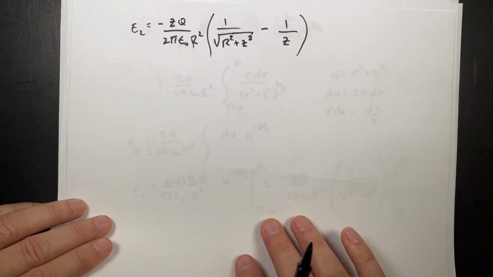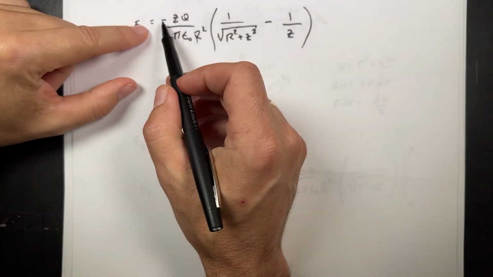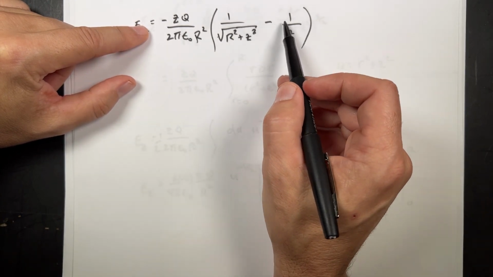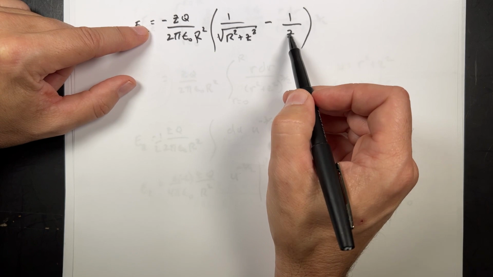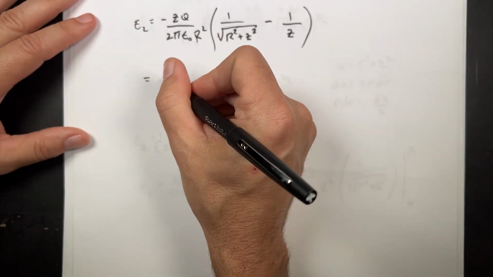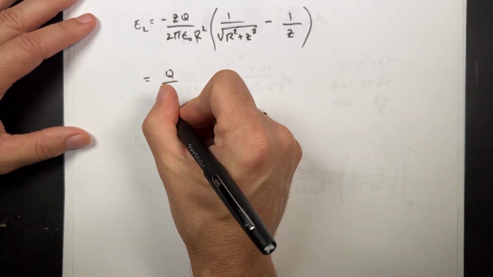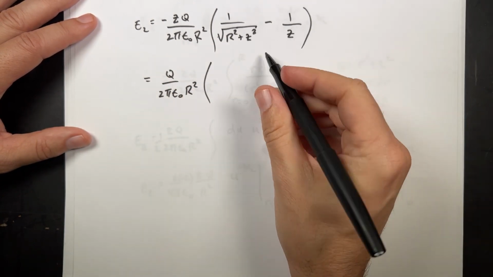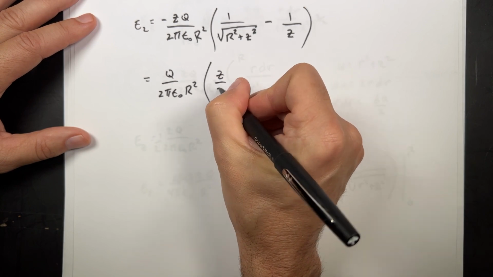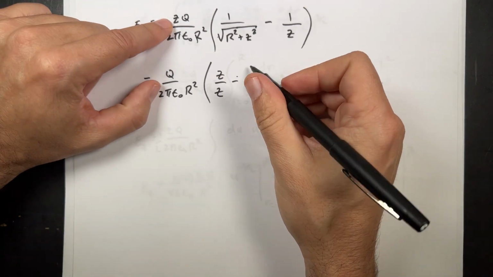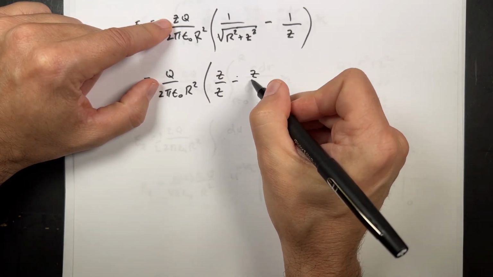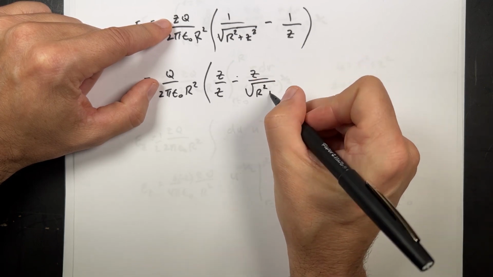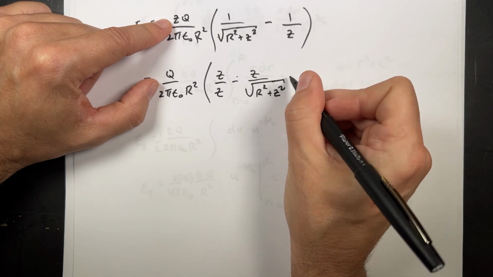Now let's do a little trick. I'm going to bring the negative z into the parentheses. So that means this is going to be plus z over z. So I get q over 2 pi epsilon naught r squared, then z over z minus z over the square root of r squared plus z squared.